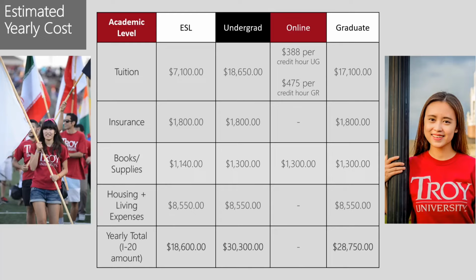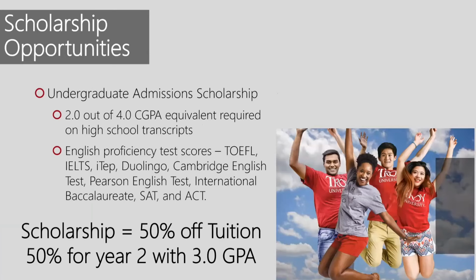If you provide an English proficiency score as an undergraduate student, you can qualify for a 50% scholarship. So how that looks, if you provide a 2.0 out of 4.0 cumulative GPA and your English proficiency score, so an IELTS, TOEFL, or Duolingo, we'll review those in a minute, you can qualify for that 50% off of tuition scholarship.